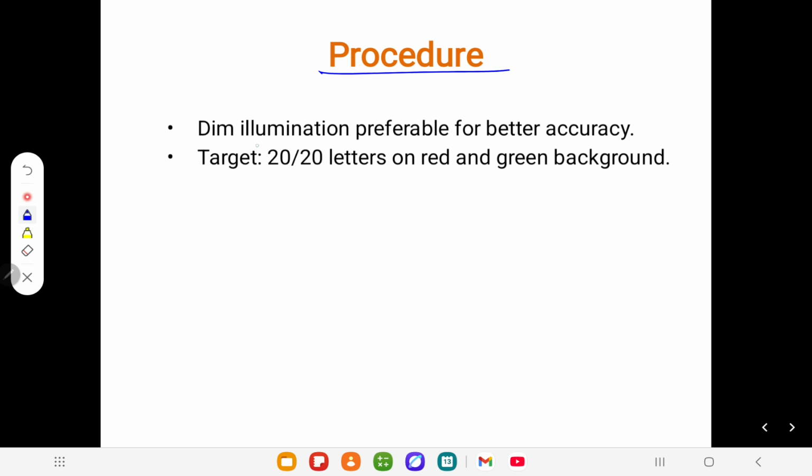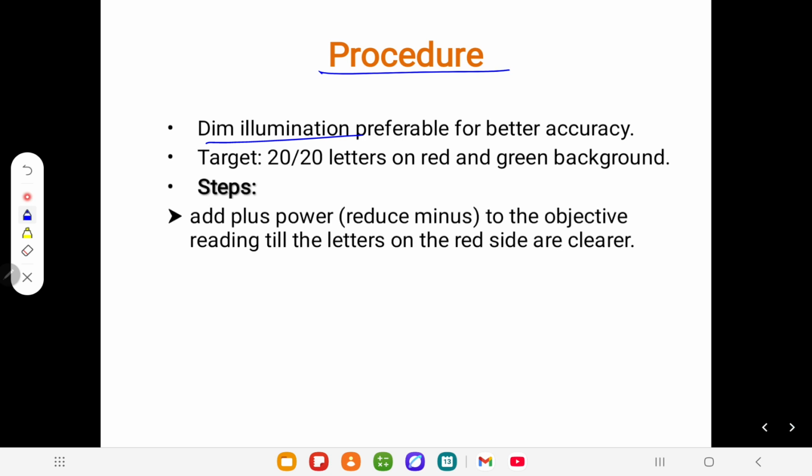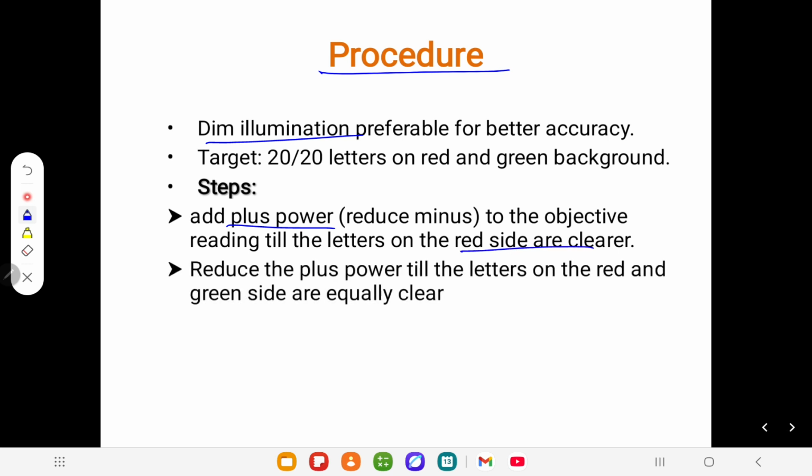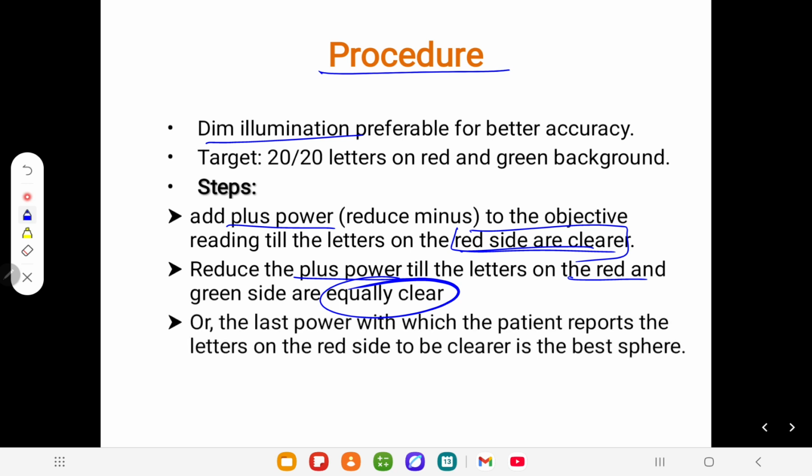So the procedure is dim illumination, preferably, better for accuracy, and 20/20 letters on the red and green background. Add plus power or reduce minus power to the objective reading till the letters on the red side are clearer, because we want myopia. Red side is clear means myopia. Then reduce plus power again till the letters on the red and green sides are equally clear.